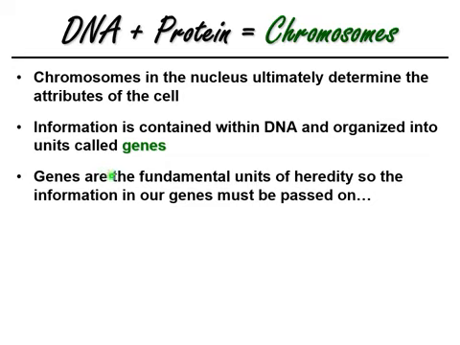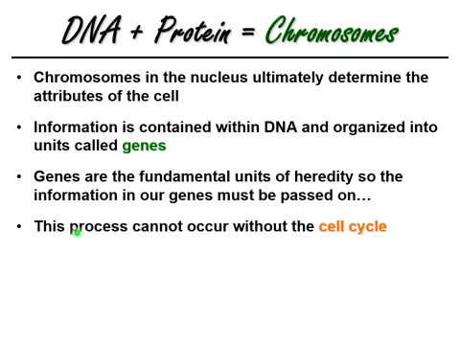As we've said before, genes are the fundamental units of heredity. Because they are the fundamental units of heredity, they must be passed on, and this process cannot occur without the cell cycle. We need the cell cycle to pass on our genetic information.